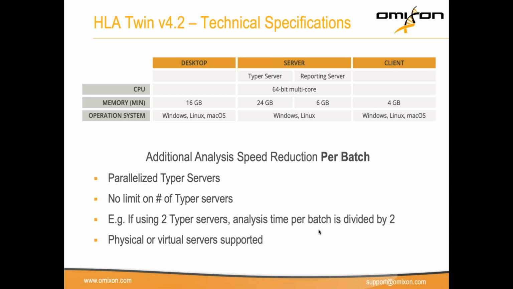And I would like to focus a little bit more on the client server setup. So on the server side, we have two different servers in a way that are bundled into one, but perform different parts of the analysis. We have the typer server that, as the name indicates, essentially is the instance of the server that does all of the analysis, all of the genotyping, and all of the work, essentially.